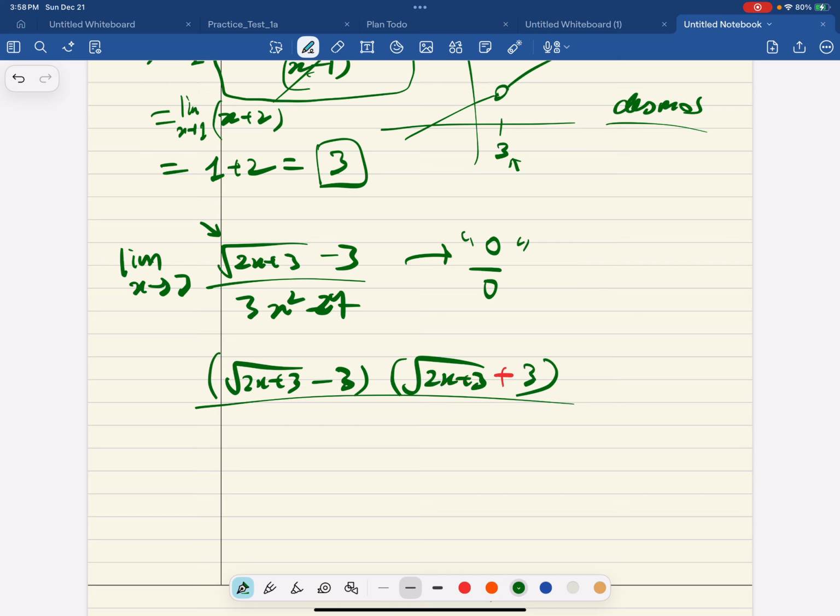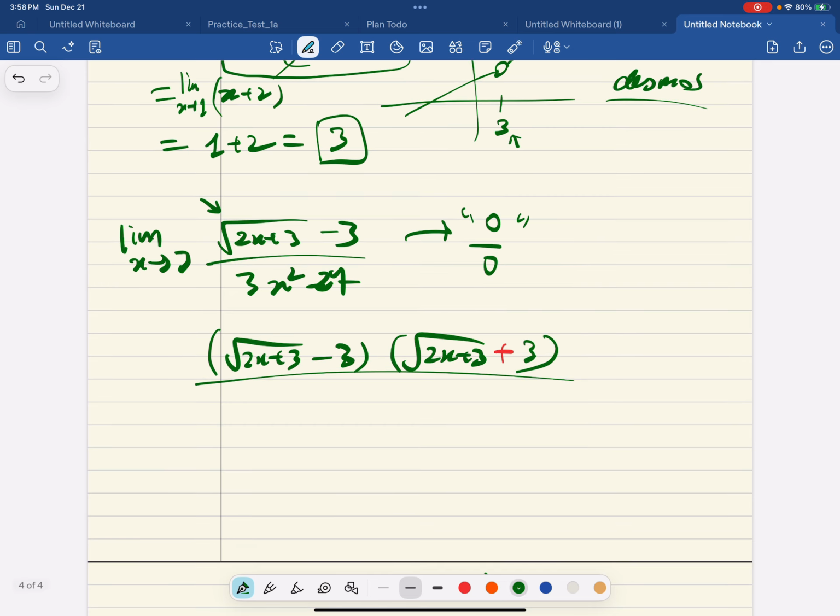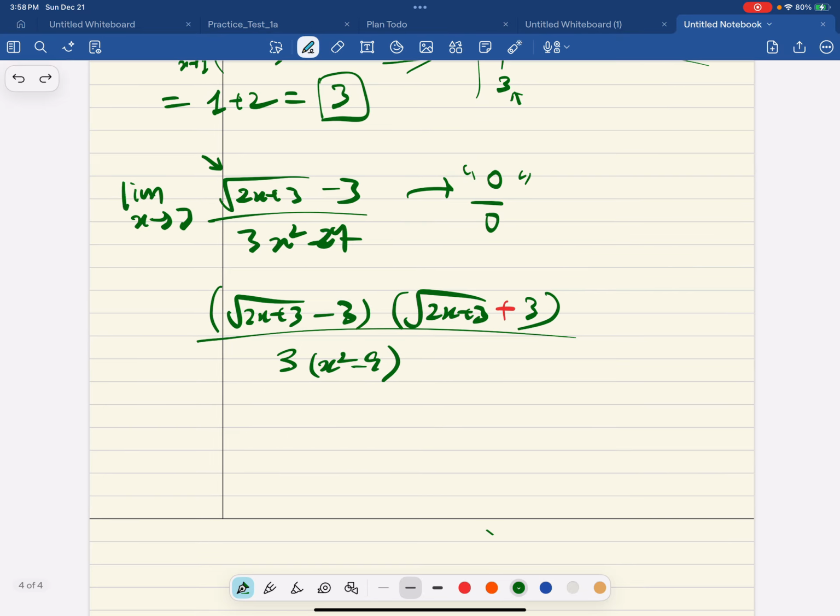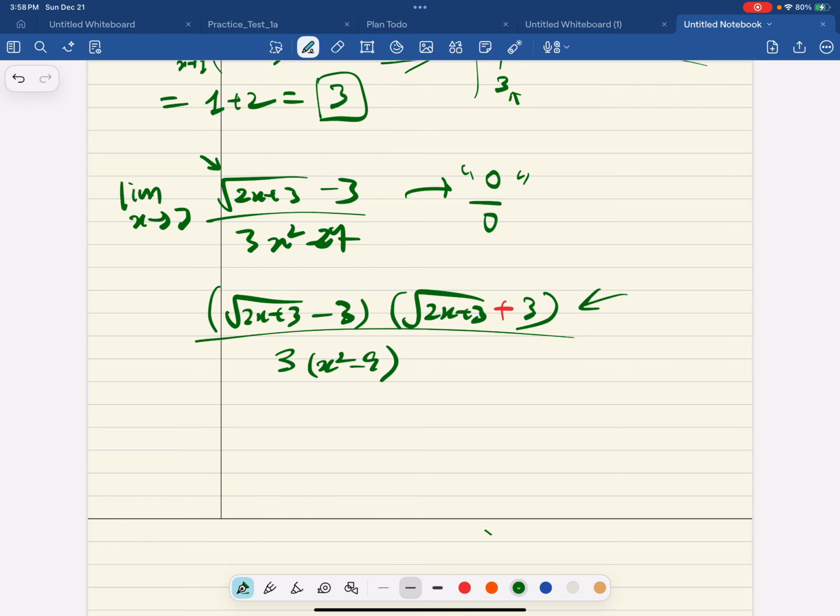And magic happens. No, it's not magic, I'm joking. Here we can simplify this to x squared minus 9. This could be simplified further, we're going to do that just later. And whatever you do to the top, always do to the bottom. I always tell this to whoever I am teaching, whether that is my younger sibling or any other students.